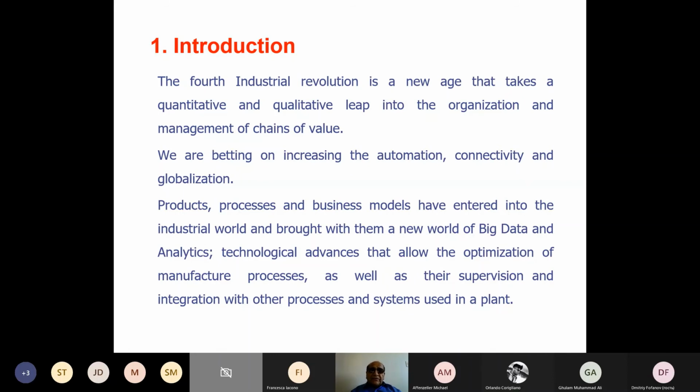Products, processes, and business models have entered the industrial world, with big data and analytic technological advances that allow the optimization of manufacturing processes, as well as their supervision and integration with other processes and systems used in plants.